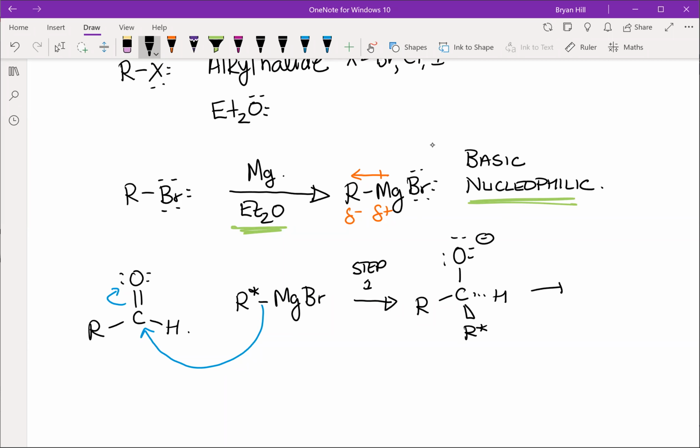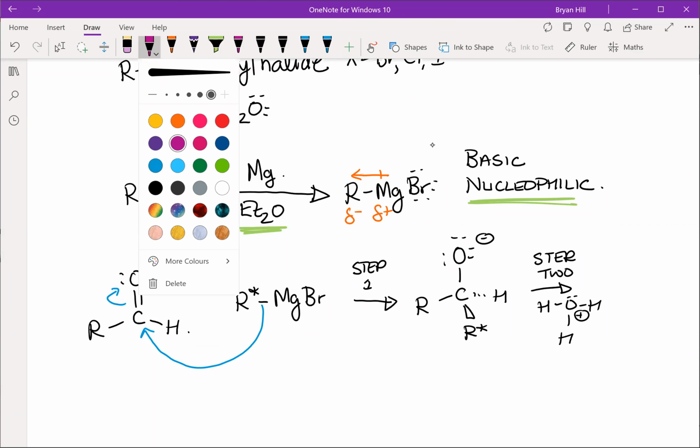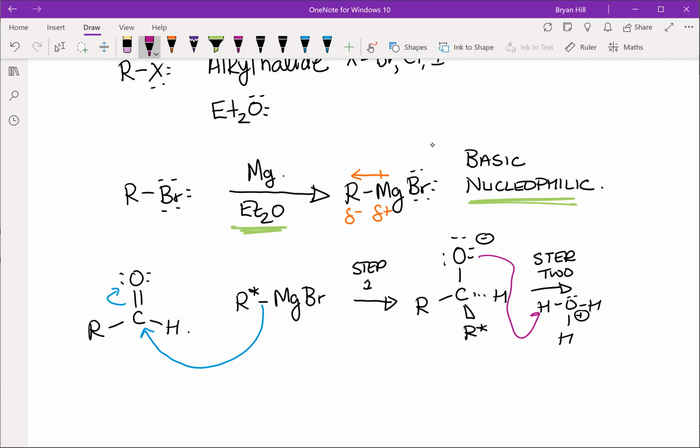The second step, we want to protonate, step 2, H plus, so H3O plus. This is going to give us our alcohol.